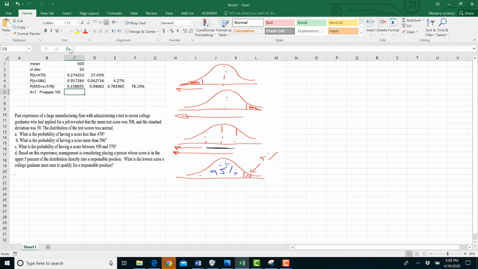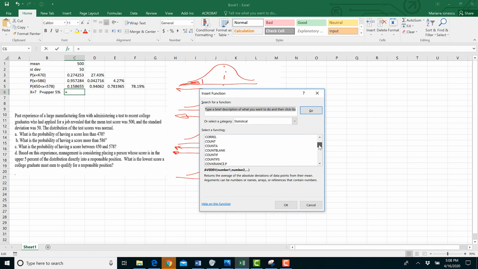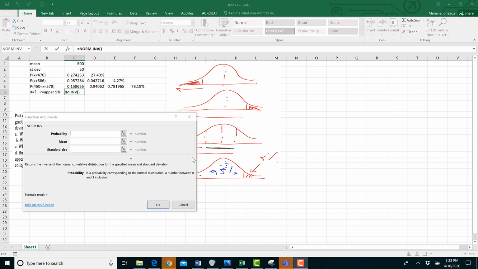So I'll insert this time the normal inverse function. We have normal distribution and we have normal inverse. Once more, upper 5% means lower 95%, because in Excel we are reading below that value, so the probability that I will include is decimal 0.95. We have a mean of 500 and a standard deviation of 50.